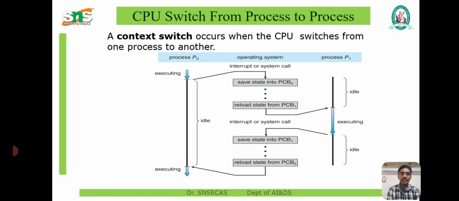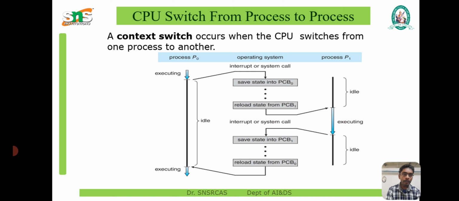During this time, the PCB for process 1 is in idle state. Once PCB0 is in the save state, PCB1 moves to reload state and process P1 moves to execution. After execution, when a system call or interrupt occurs for process P1, it is moved to the save state, which is PCB1 saved state, and both processes become idle.